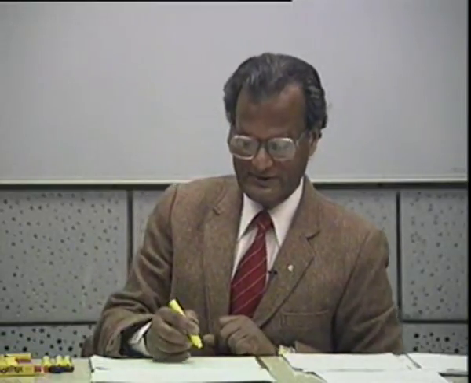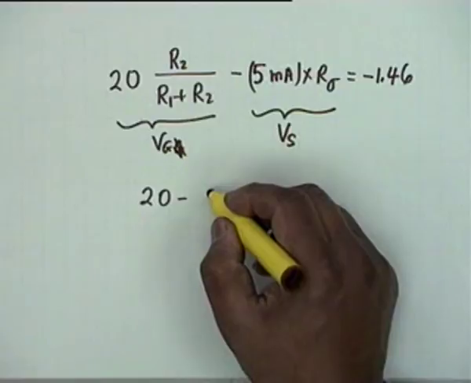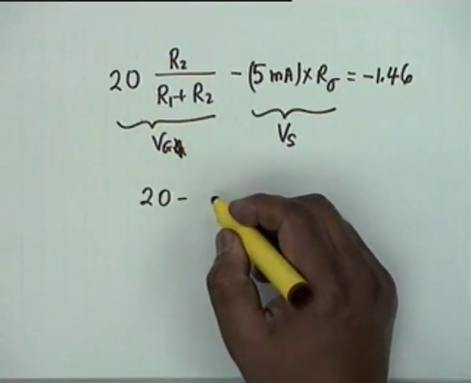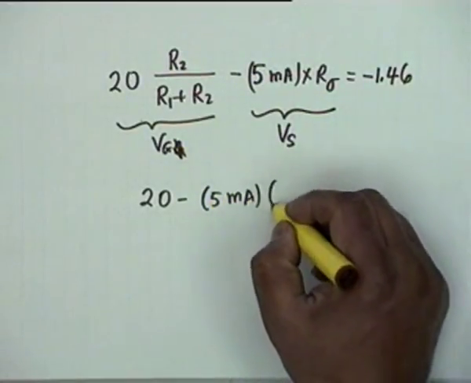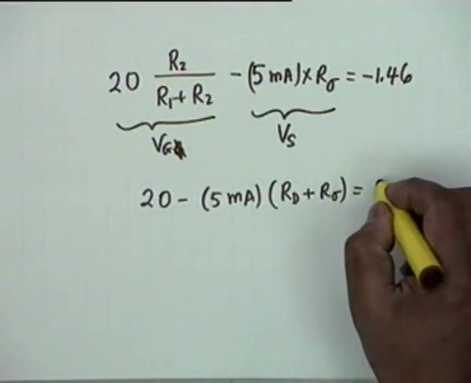What is the second equation? Second equation is 20 minus the drop in RD and RS. So it is ID, which is 5 milliampere, multiplied by RD plus R sigma. This should be equal to 10.